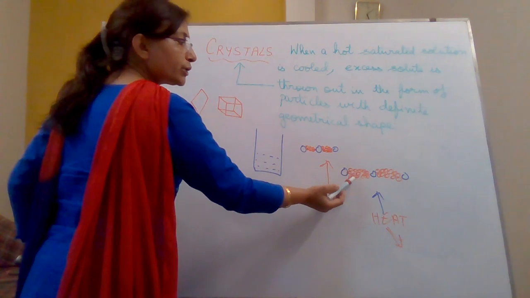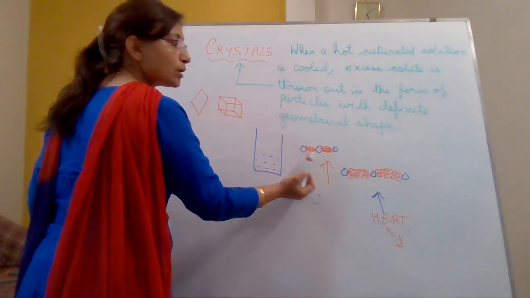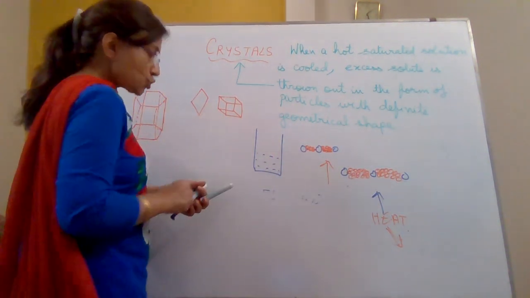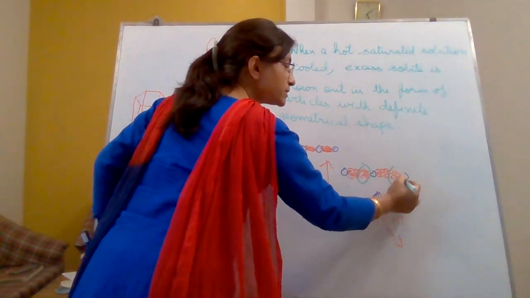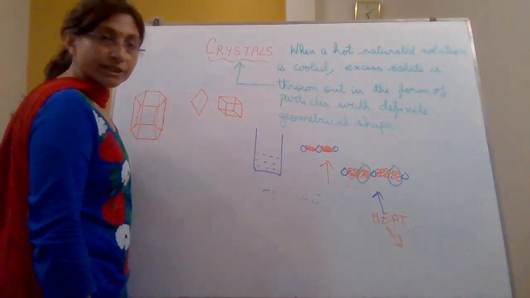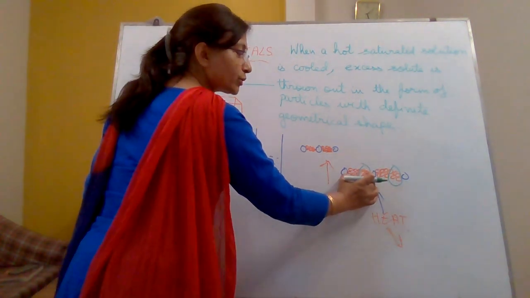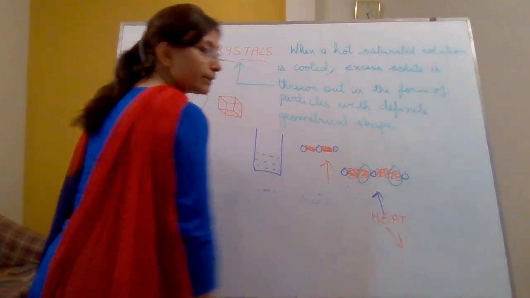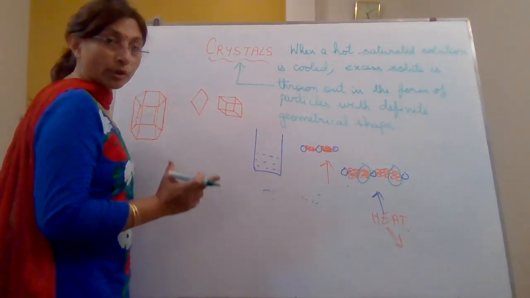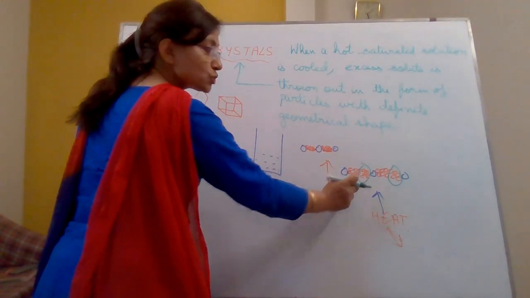When the intermolecular spaces are less, what will happen to the excess solute particles which got adjusted between these intermolecular spaces, because at that time there was larger intermolecular space when it was hot.